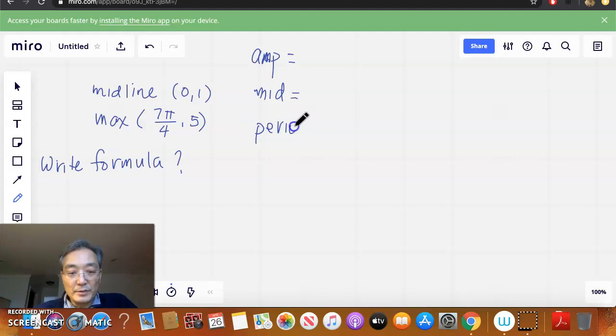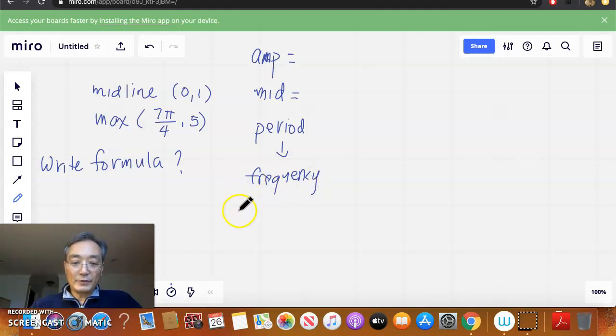So in using the period, we need to calculate what the frequency is. Now, if you recall, I gave you the formula for period. Period is equal to 2π over the frequency, correct?